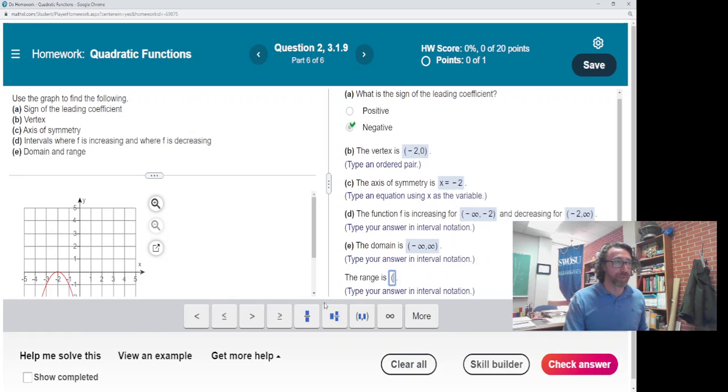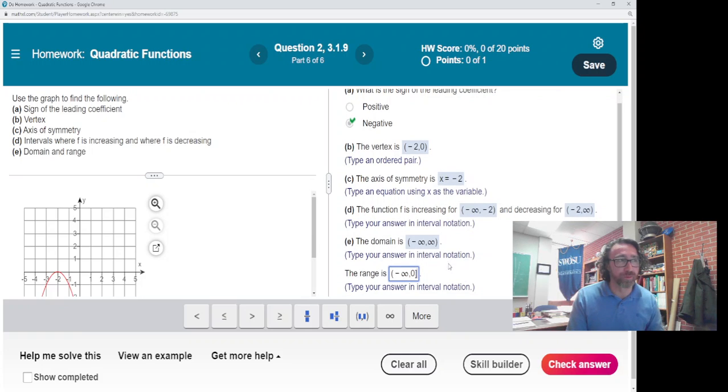So -infinity, comma, 0. Okay, I want you to notice a very tiny difference between the answer I just put in and the answers that I put in previously. Notice I have a hard bracket there, a square bracket, rather than a parenthesis.